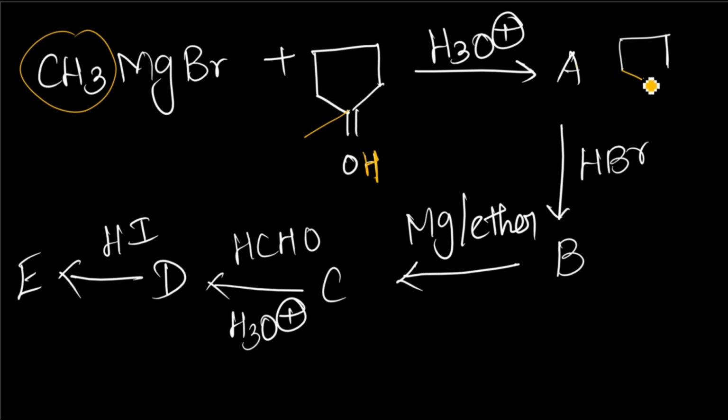So I'm having OH over here, CH3. That's our A. Then HBr. What will HBr do? If there is an alkene, then it will undergo addition reaction, Markovnikov or anti-Markovnikov. If there is no alkene, then it will go to substitution. So OH will get substituted by our Br. As simple as that.